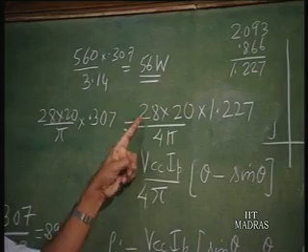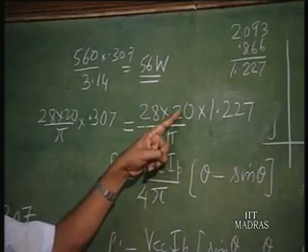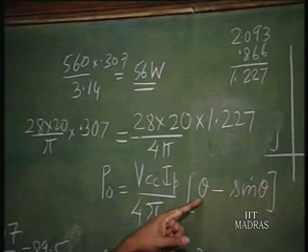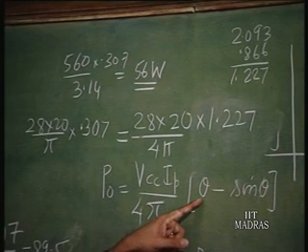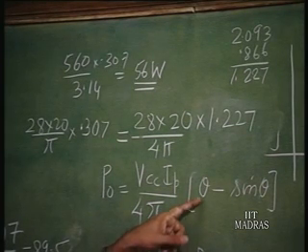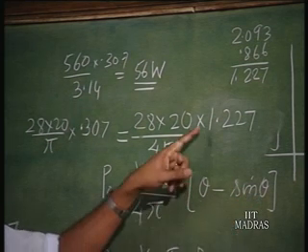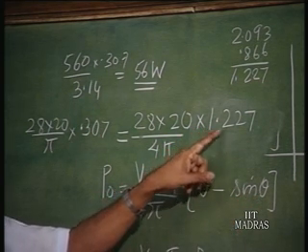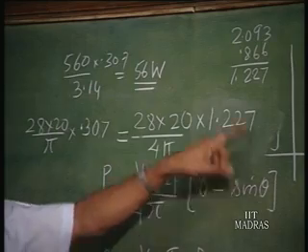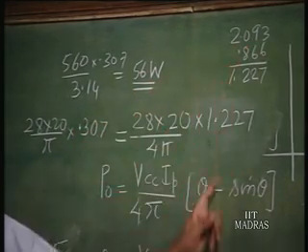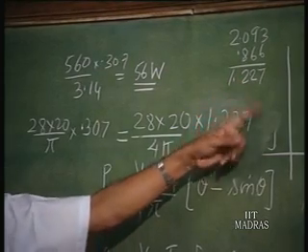So, this is 28, this is 20 as calculated now by 4 pi into theta being 120, which is 2 pi divided by 3 minus sine of 120. Calculating this, you will get it as 1.227. This is the calculation, 2.093 minus 0.866, 1.227.